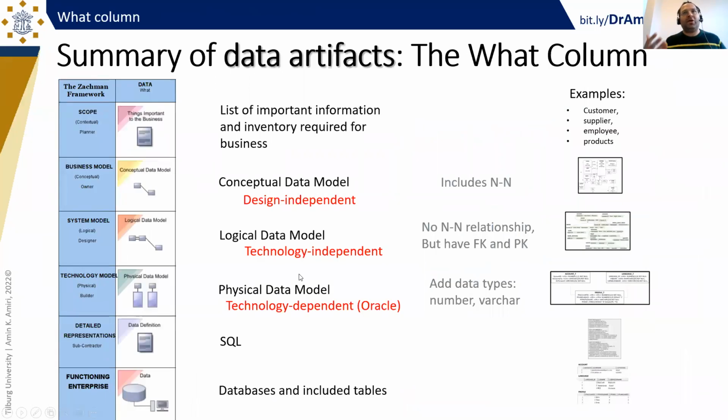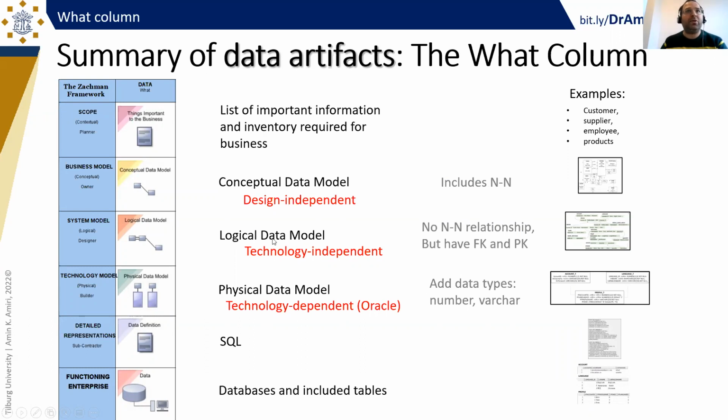To give you a summary again, here I only have the list of important information. Here I have a conceptual model that has a many-to-many relationship, and we call that design independent, because you can turn this model into any kind of logical data model that you want.